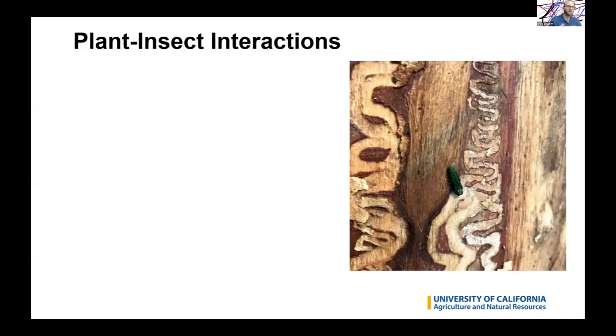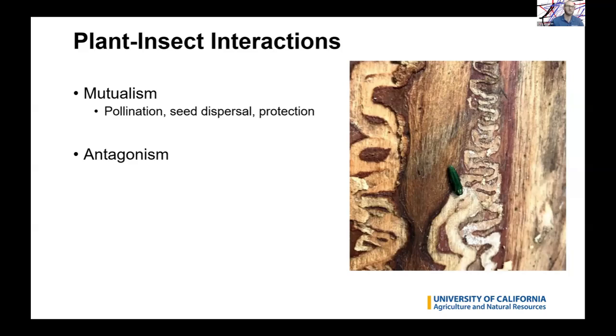But as we know, ultimately, insects come along. Insects play a big part, especially with drought stressed trees. While there is a lot of mutualism with plants and insects, such as pollination, seed dispersal, and some protection that goes on with different species, there's also a lot of antagonism.